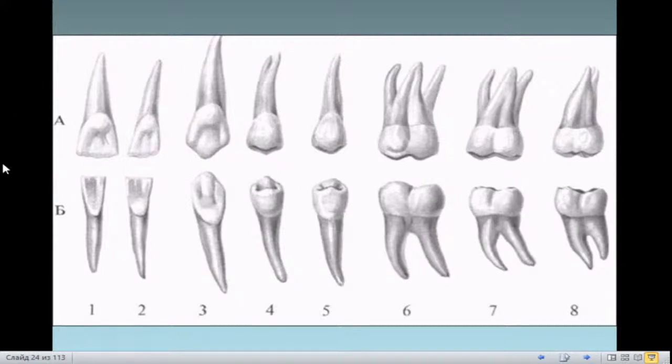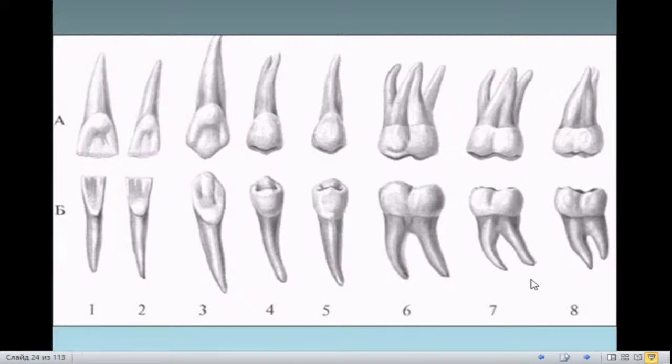If we write down the adult teeth formula, we can name or enumerate each tooth by a figure, and figure number 1 will mean incisor, and number, let's say, 3 canine, 4 and 5 will be premolars, and 3 more will be molars.